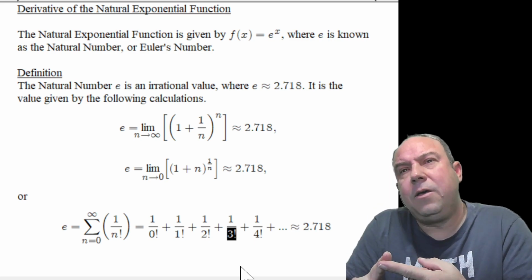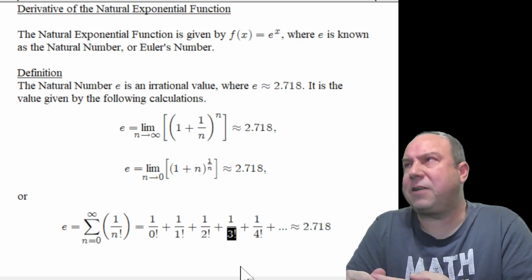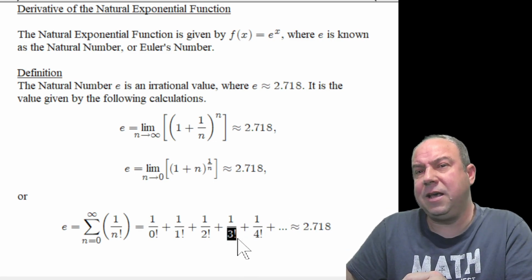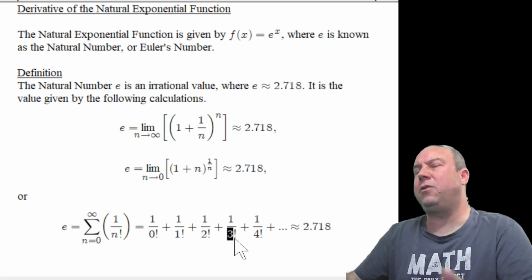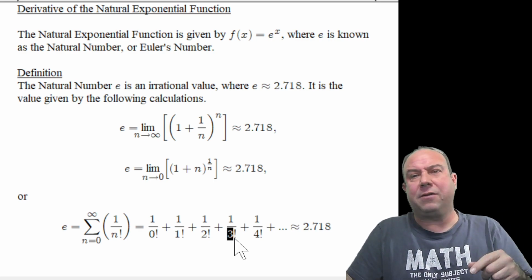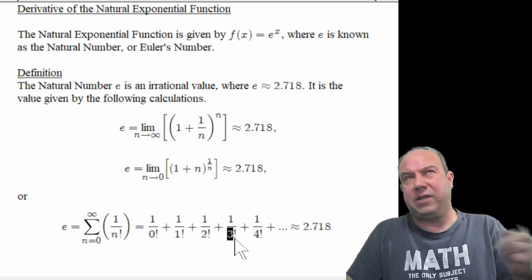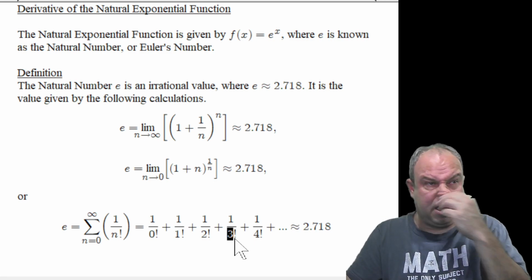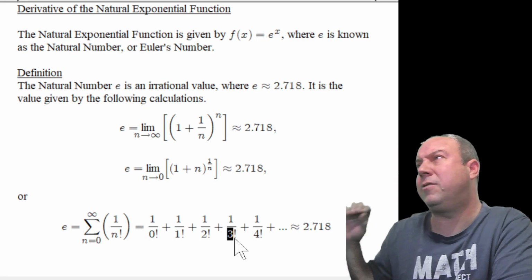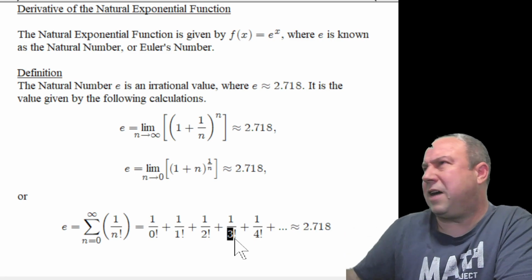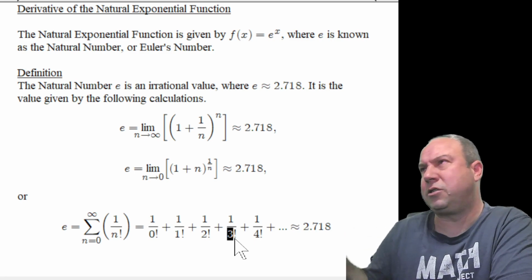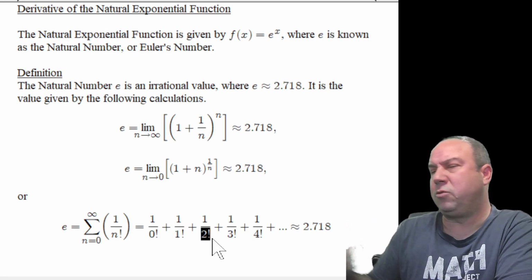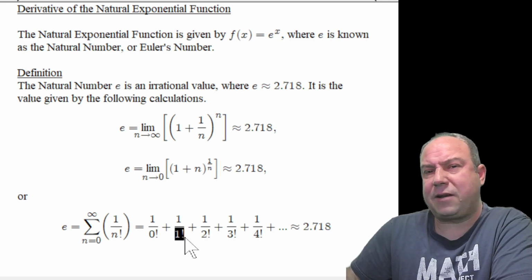And the way that we evaluate a factorial is we take that value, 3 in this case, and we multiply it by the integer value 1 less than it, in pattern all the way down, until the final numbers in the pattern are times 2 and times 1. Really, 3 factorial is just 3 times 2 times 1. 2 factorial is 2 times 1, and 1 factorial is just 1.